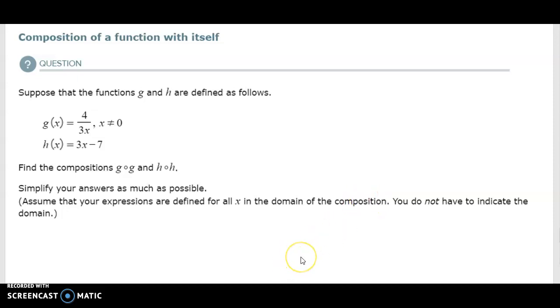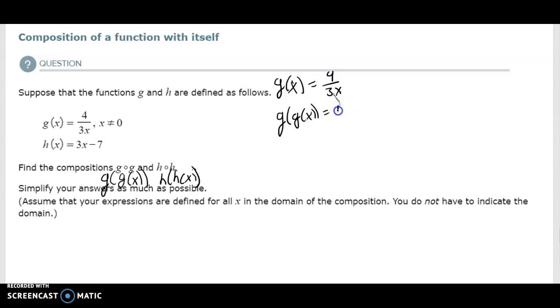So the last type we're going to talk about is when we put a function inside of itself. So this is asking for g of g of x, and that's just asking for h of h of x. Start with the g of x here. So I'm going to start with the g function. And everywhere I see an x, I'm going to put the g function again. And now I just need to simplify that.